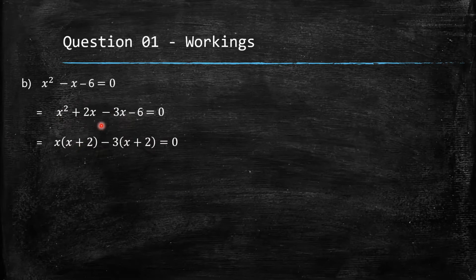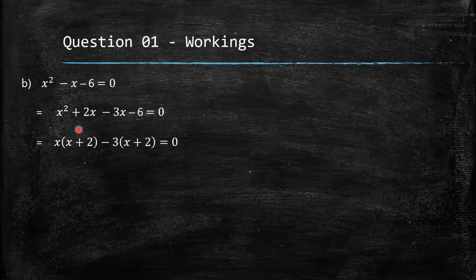So now you have an expression with two terms. x times (x plus 2) is my first term, minus 3 times (x plus 2) is my second term. Out of these two terms, you can see x plus 2 is common, but here you have x, here you have minus 3.